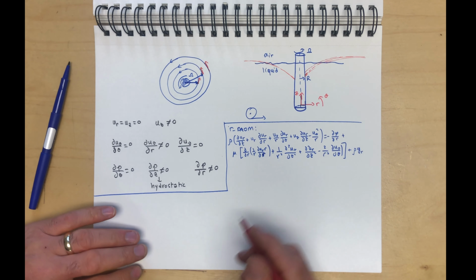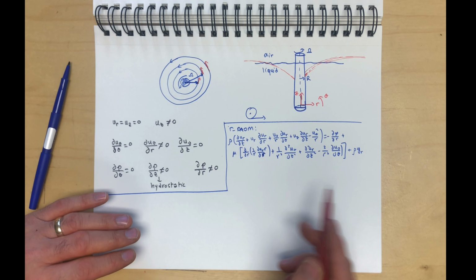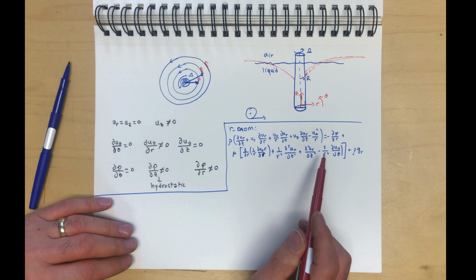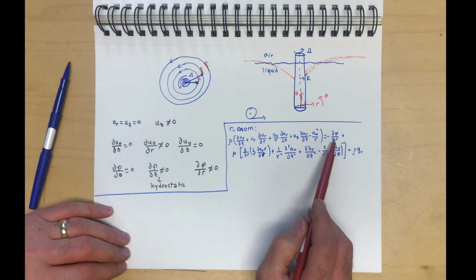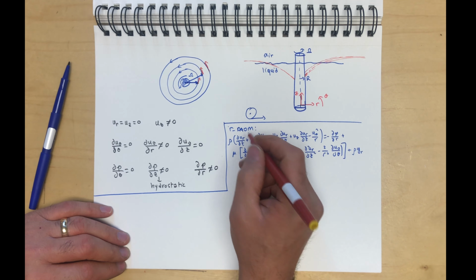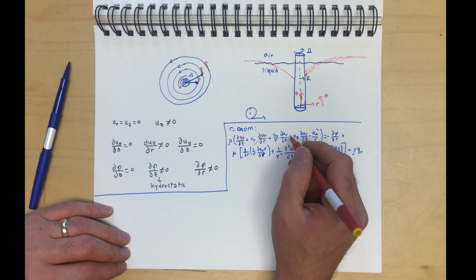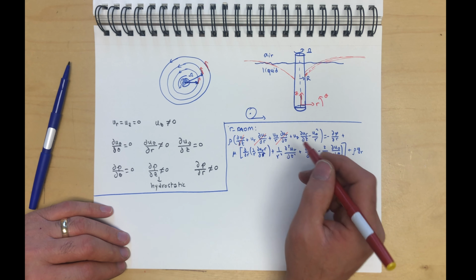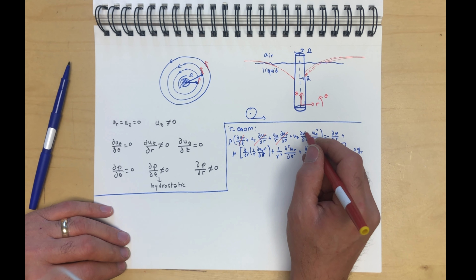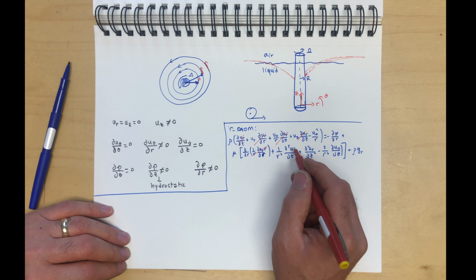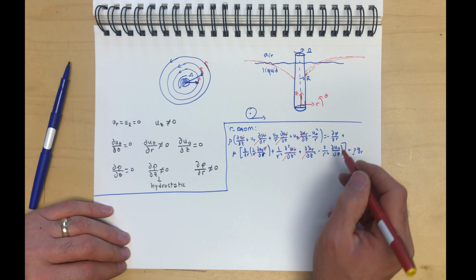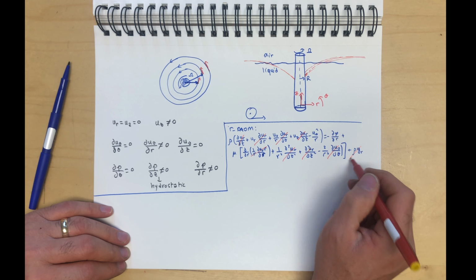Okay, so now we can start canceling terms. We could have anticipated what terms remain in this equation, and obviously we're going to have the dp by dr and the rho u theta squared over r. But anyway, du_r by dt is steady state, so this is 0, and the rest of the terms are 0 as well.